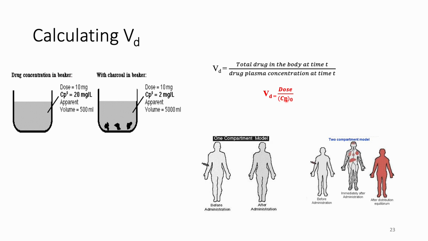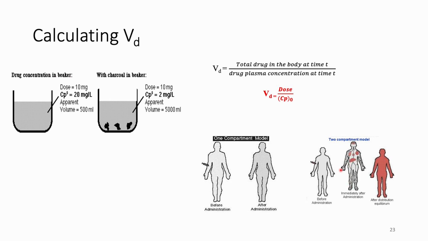Because CB is high, the volume of distribution is small. That means the drug is quickly distributed in the body. For a one compartment model as in the picture, the volume of distribution is low.